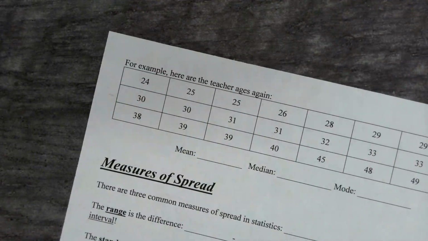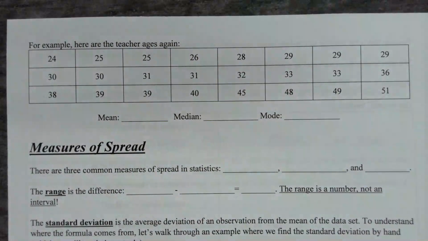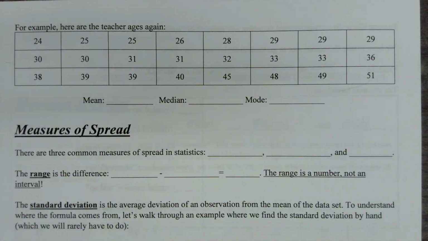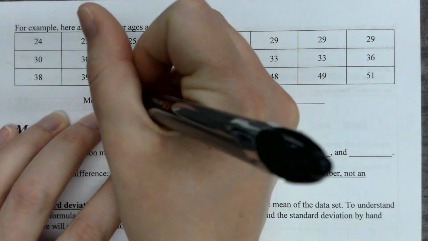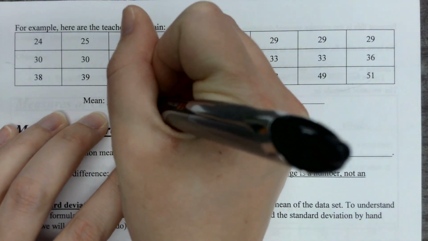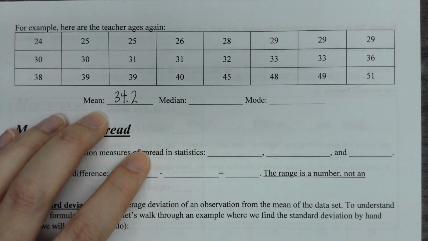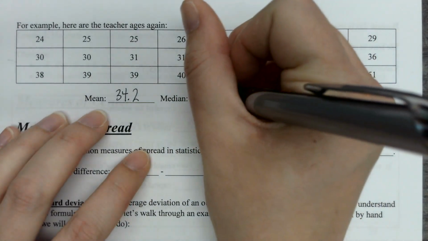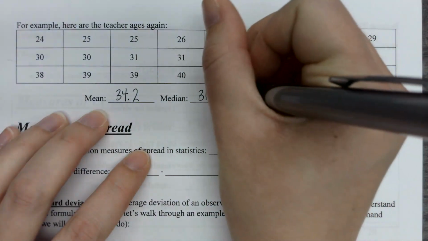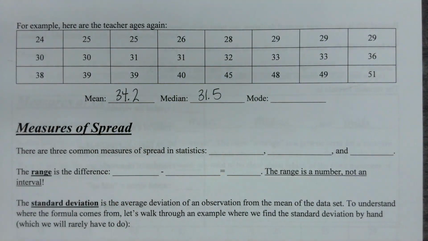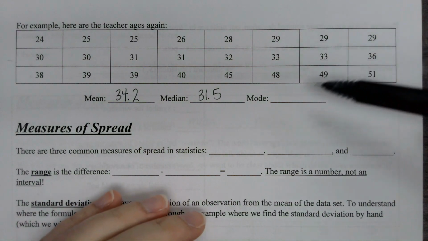So taking a look at that data set again, where we have our teacher ages, we already calculated the mean, which was 34.2 years. We already calculated the median, which was 31.5. Now, if I wanted to calculate the mode, remember this is the most frequent value.